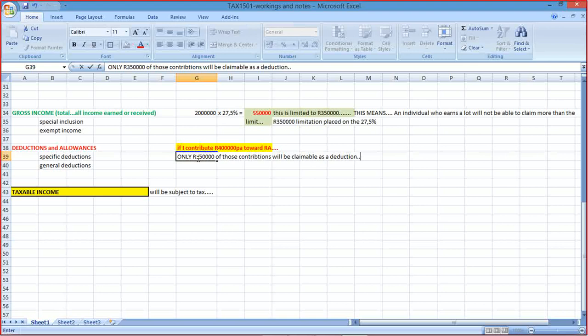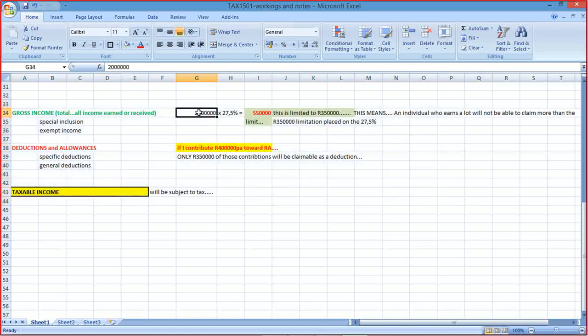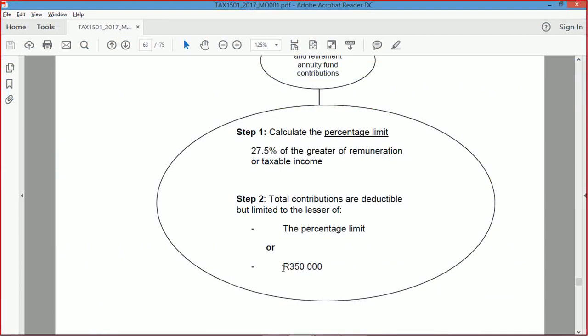This is a high net worth individual. Someone earning more than 2 million a year will not be able to claim more than 350,000 in that year, because it's limited to the lesser of.